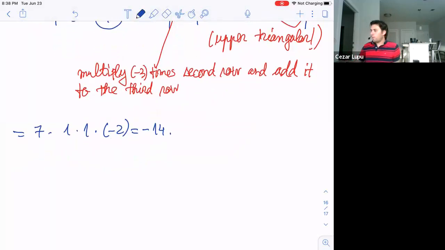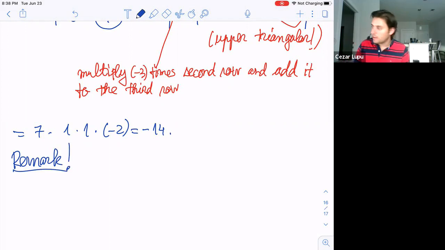There will be another example in the notes. And in fact, I will just make a remark. Just like I said, although the previous theorem is stated in terms of elementary row operations, the theorem remains valid if instead of rows you do column operations.